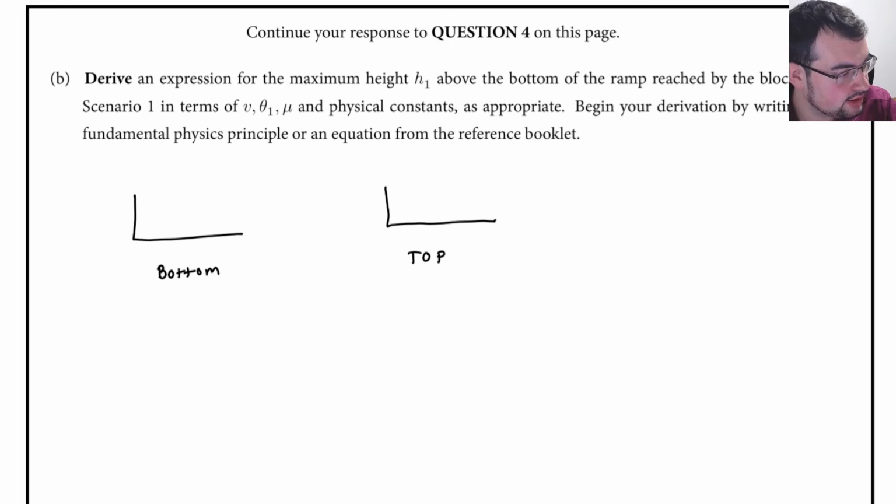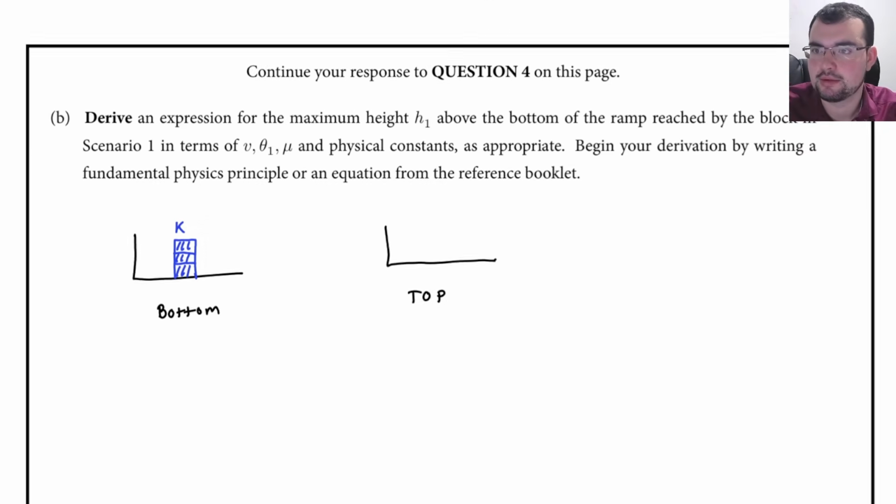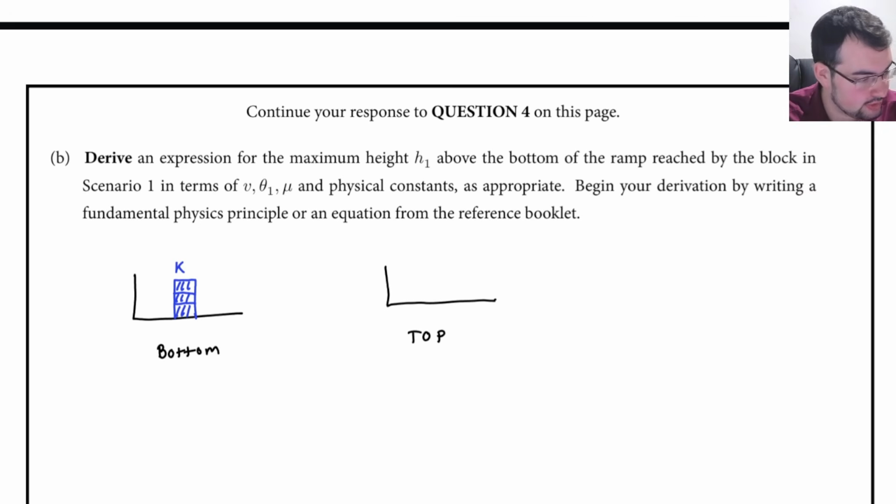All right, so at the bottom of the ramp, we know everybody is going to be kinetic, right? And then at the top of the ramp, in a world without friction, we would get all of our energy perfectly converted to gravitational potential.